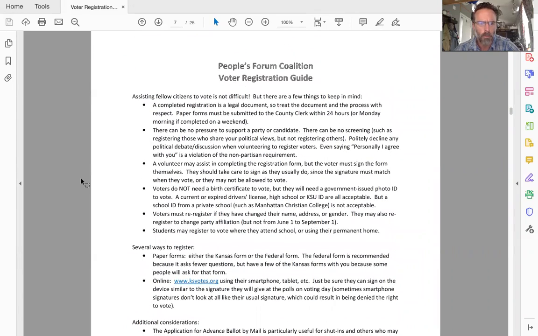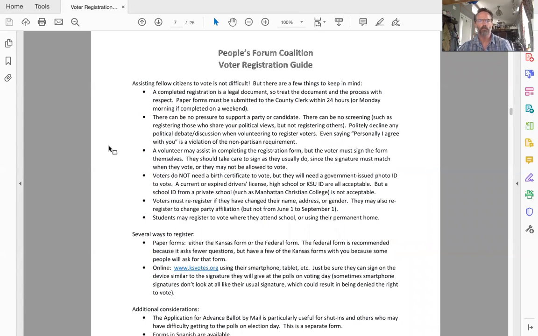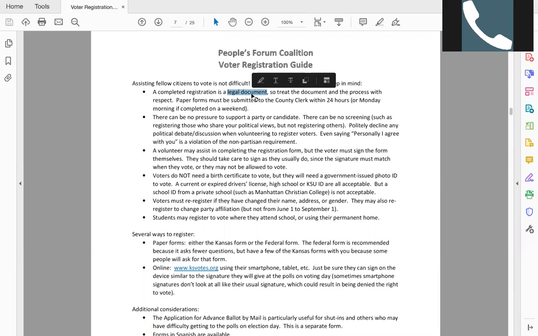Okay, Scott, we're down to the voter registration guide itself. Right, and there are some bullet points there. Just as was mentioned before, assisting fellow citizens is not difficult. Just a few things to keep in mind: it is something to be treated with respect. It is a legal document, and part of that is that it has to be turned in right away to the county clerk within 24 hours, or Monday if it's done on a weekend.